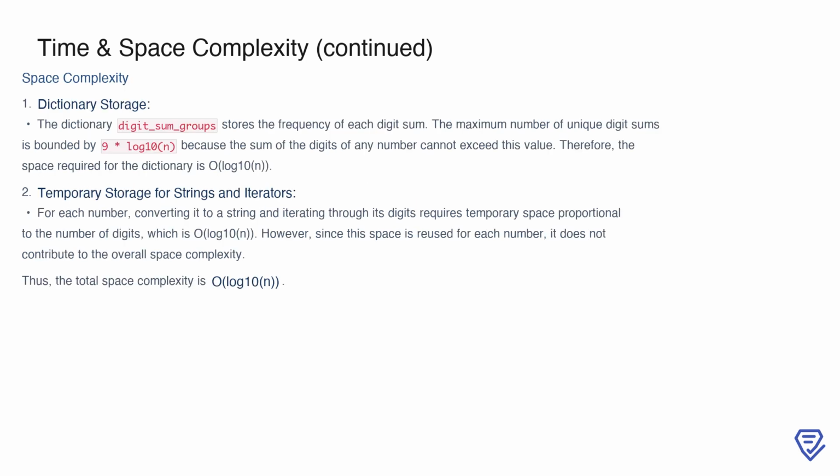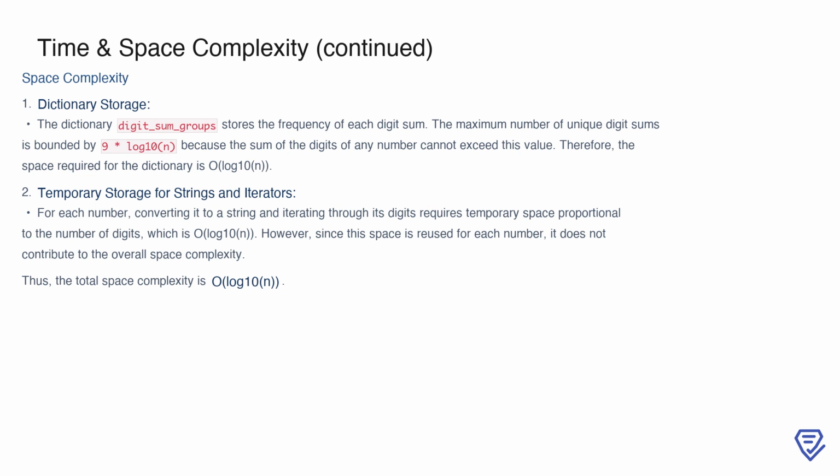Next, let's analyze the space complexity of the solution. The main contributor to space usage is the dictionary, called digit_sum_groups, which stores the frequency of each digit sum. The number of unique digit sums is limited by the maximum possible sum of digits, which is bounded by 9 times log10 n. As a result, the space required for this dictionary is O(log10 n).